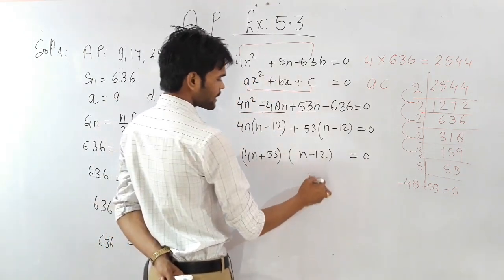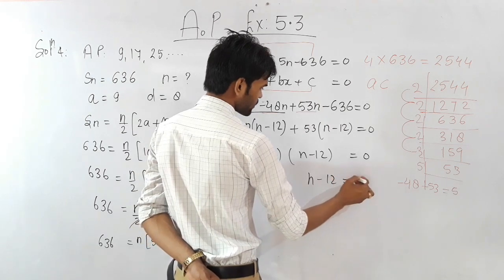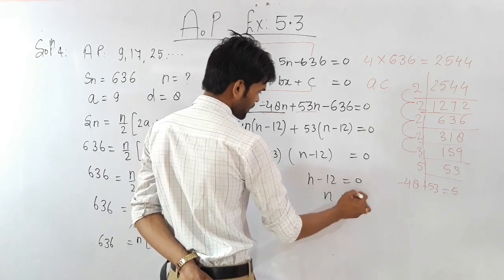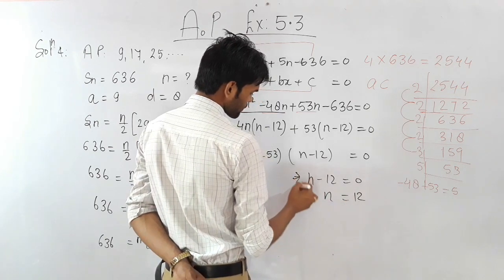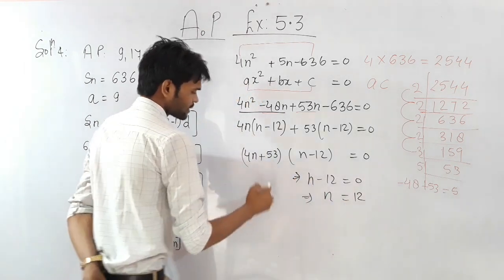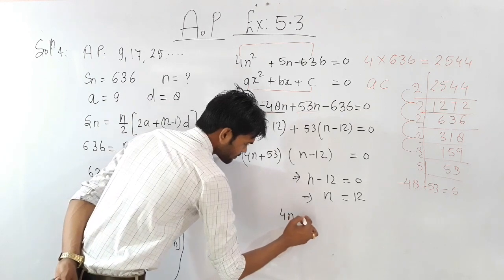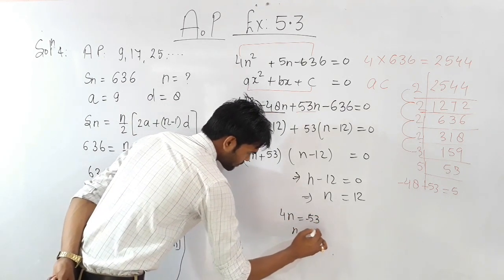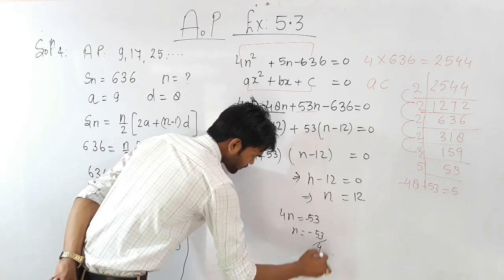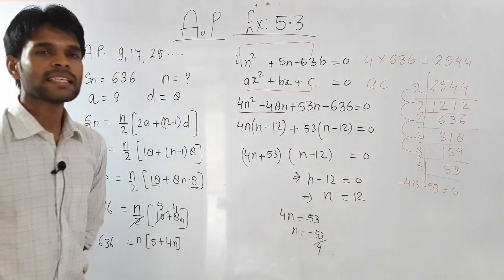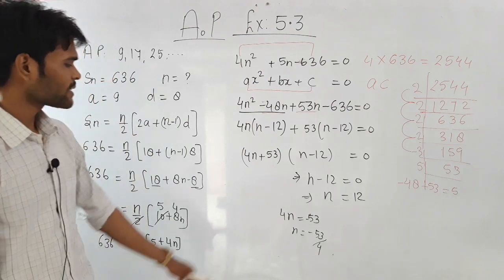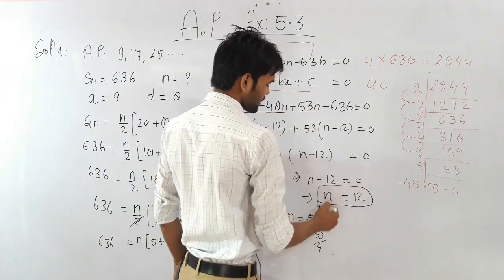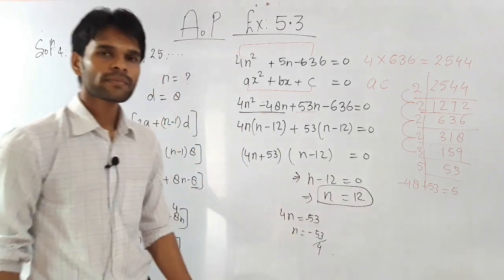Okay, so n minus 12 is equal to 0, or n is equal to 12. Either 4n is equal to minus 53 and n is equal to minus 53 upon 4. You know, n is always an integer. Okay, n is always an integer, so we will consider the value n is equal to 12, as the other is not an integer. Is that clear?